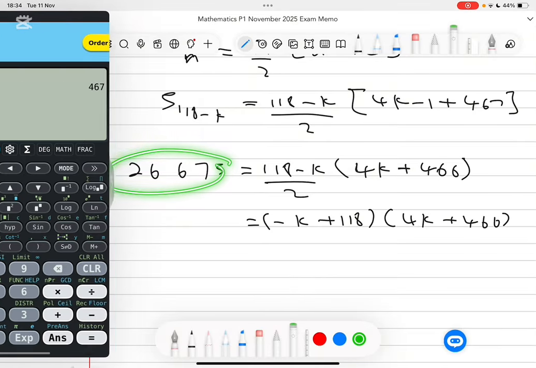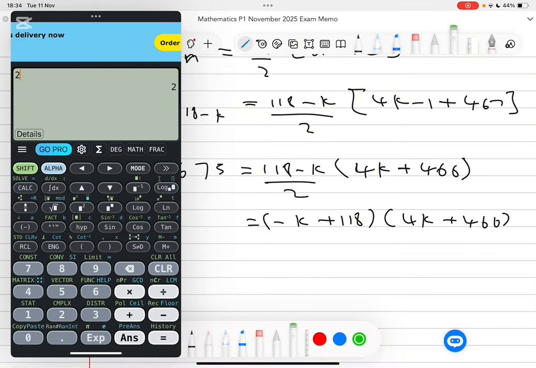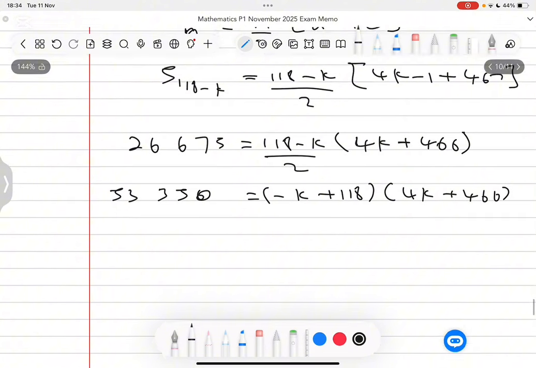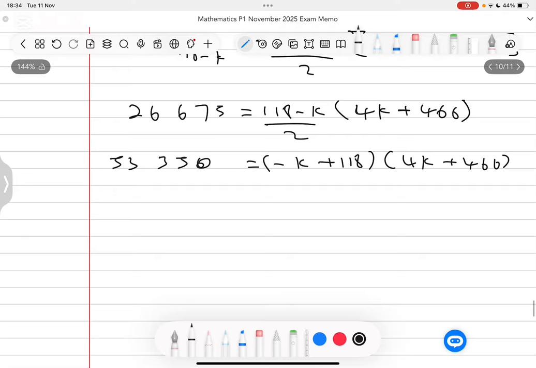So if we multiply this by a 2, I'll need a calculator for this. It's going to be 2 times 26,675. And this says I have 53,350. And from here you can see that I have a binomial here.